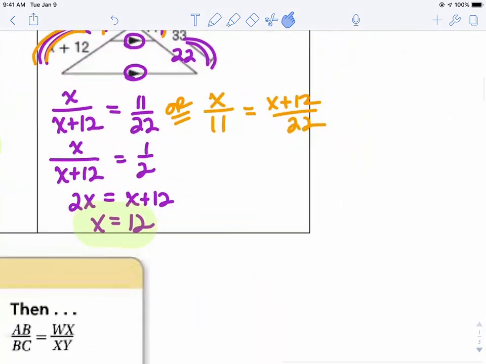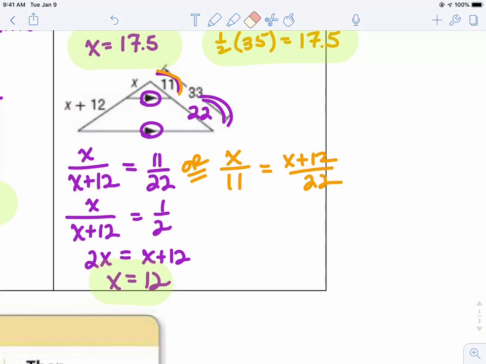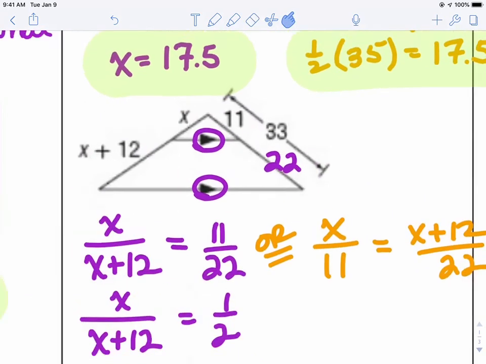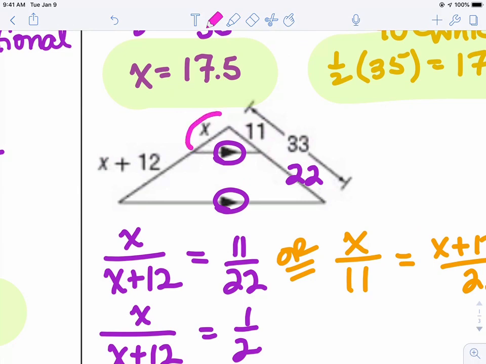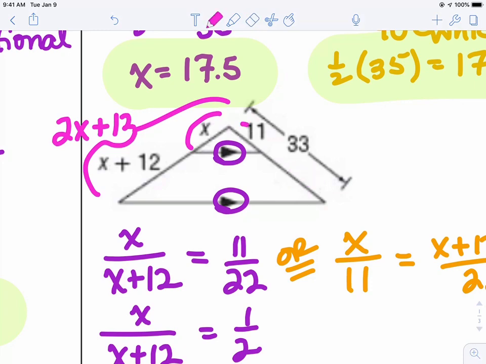So using similar triangles, it would be x is to this whole side length, which is 2x plus 12, and then 11 to 33, which is this whole side of the big triangle.